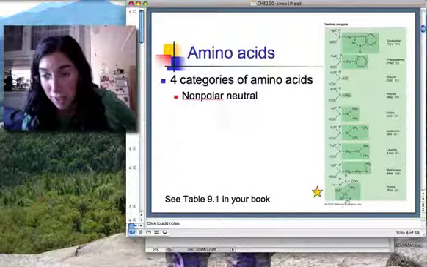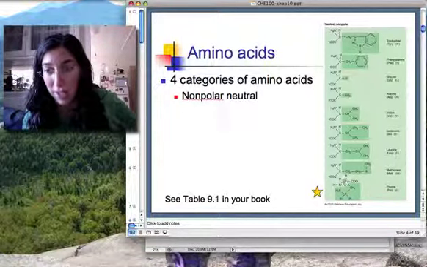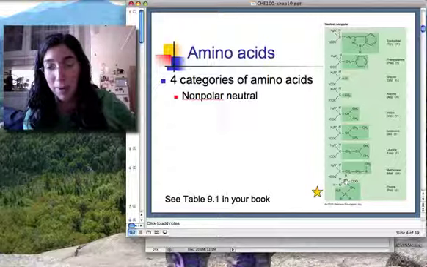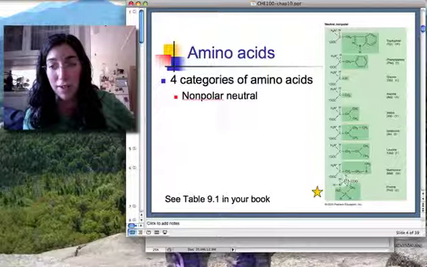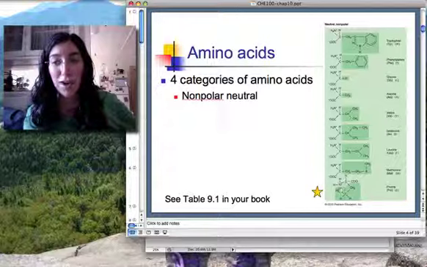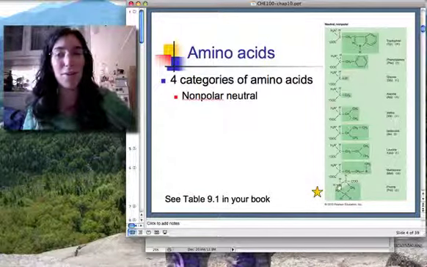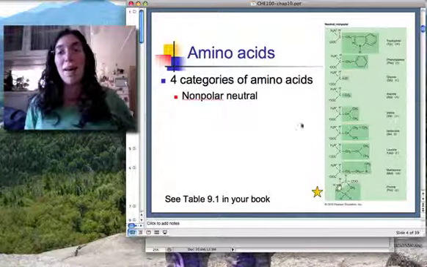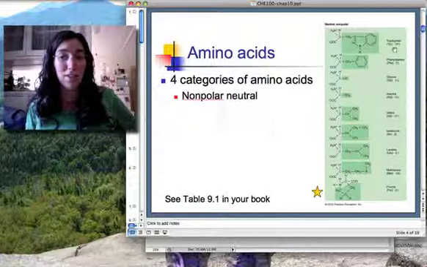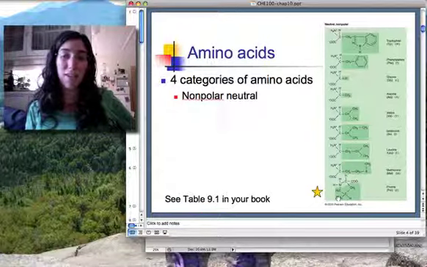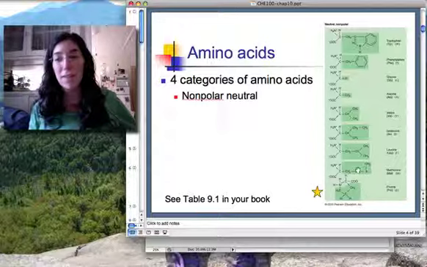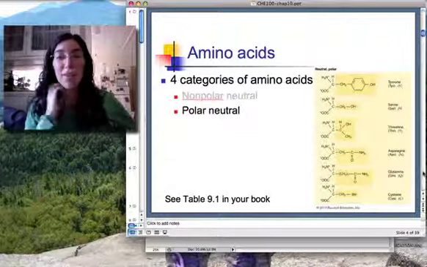So where's the central carbon? It is right here. This carbon right here is the central carbon of the amino acid backbone with an amine group on one side and the carboxylate group on the other. So this is the side chain, but you can see the side chain loops back around and actually bonds back to that amino group. So it forms a ring. That actually affects the structure of proteins that have proline in their side chain. So it's unique. It gets a little star for being a ring structure.